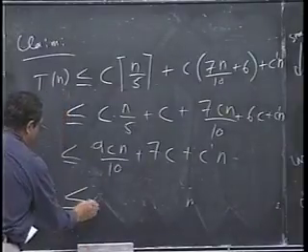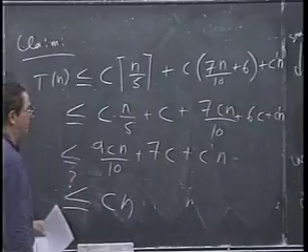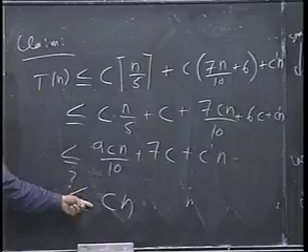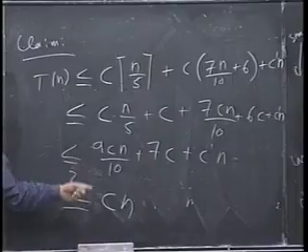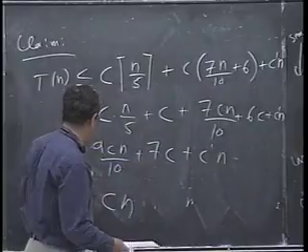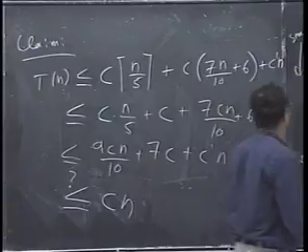So less than or equal to cn has to be written with a question mark, because if I just wrote this down now, that would be a proof by magic. We do have to say something about why it's less than or equal to c times n. Well, it depends on what c and c prime are.